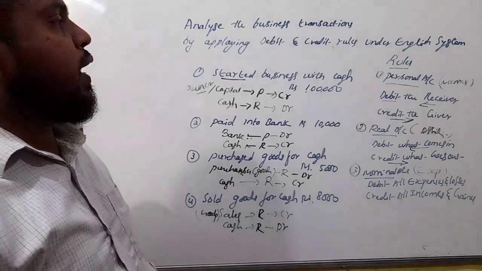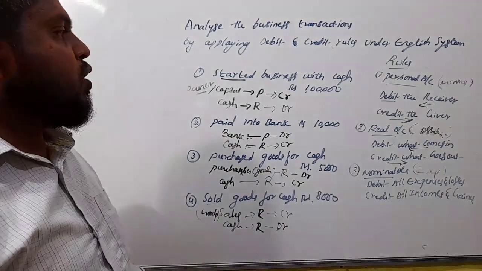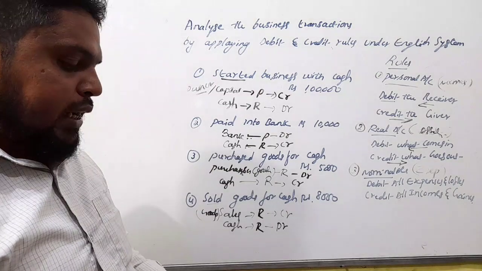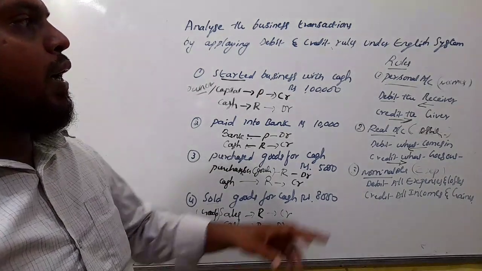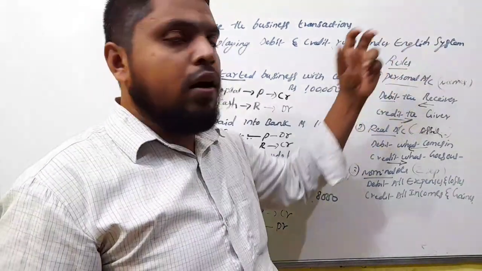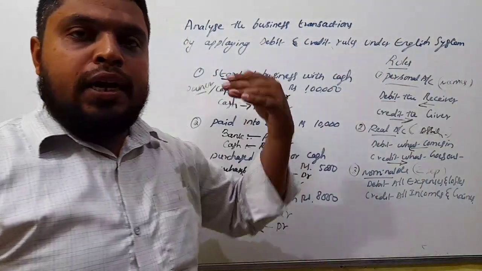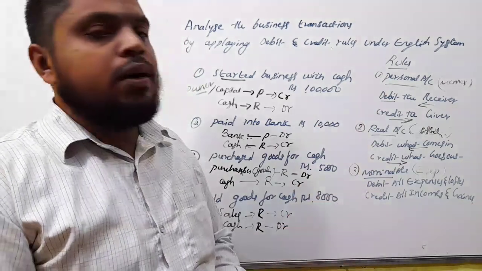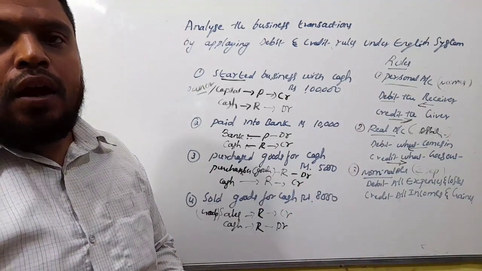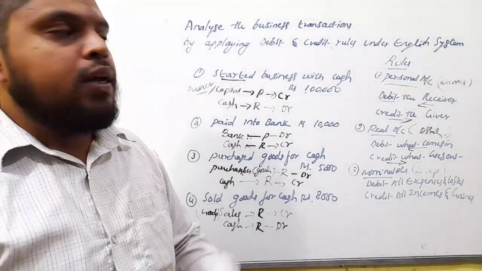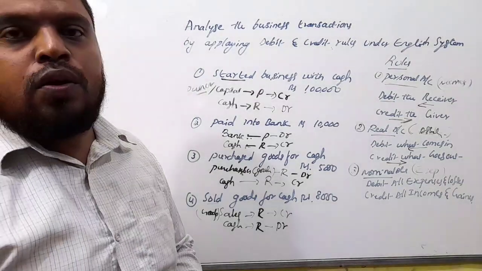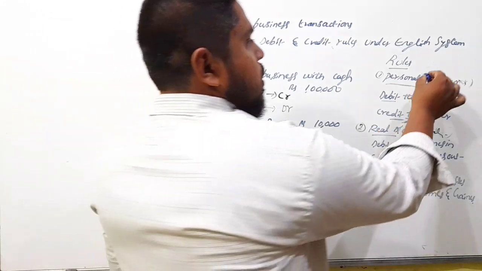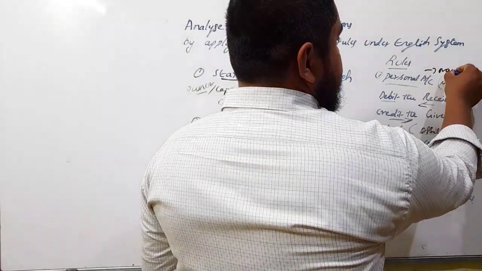Now this is the way to find out debit and credit under English system of accounting. Under English system of accounting, three accounts are maintained. First, personal account, which is related to the names.